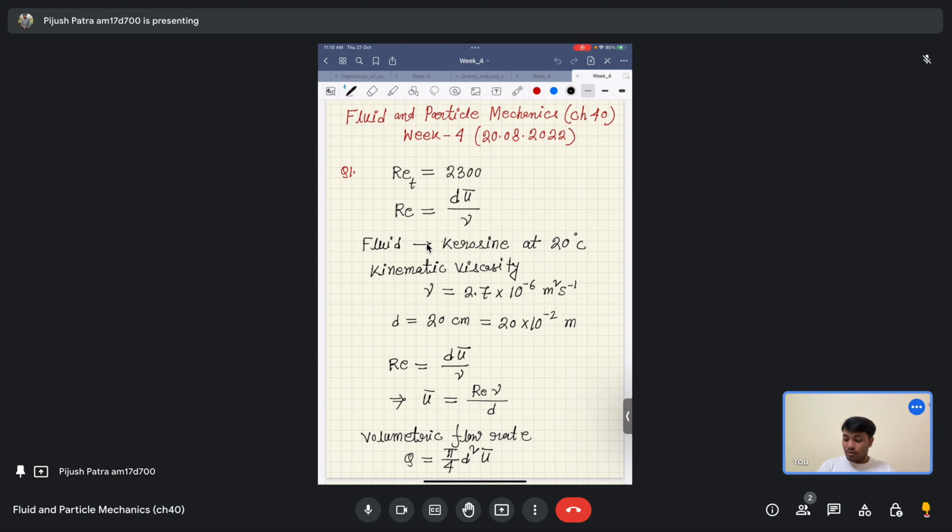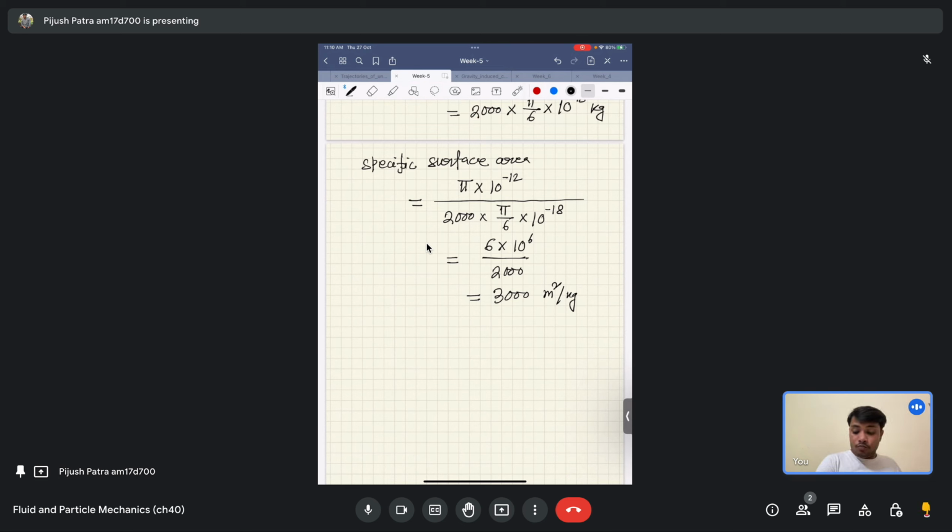Before the end of the class, I want to discuss something interesting. In the problem we solved, only the inertia force and the viscous force were important.